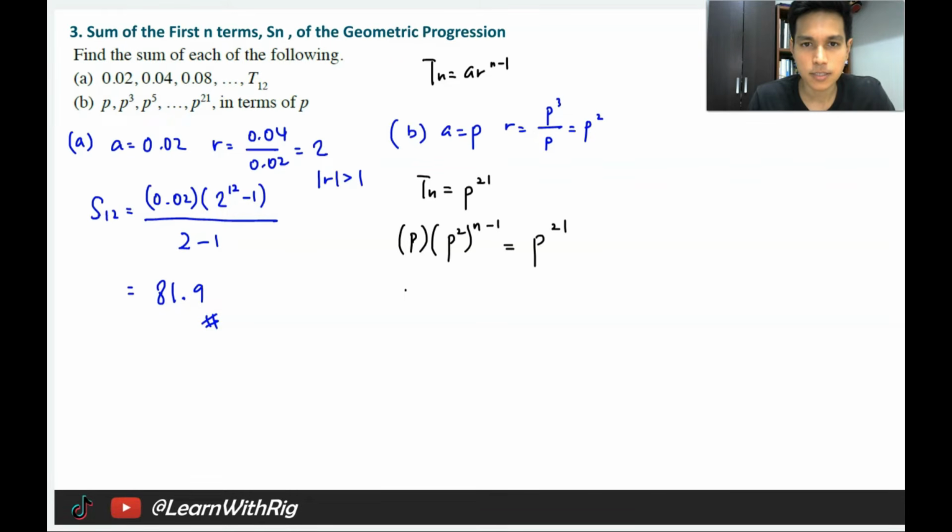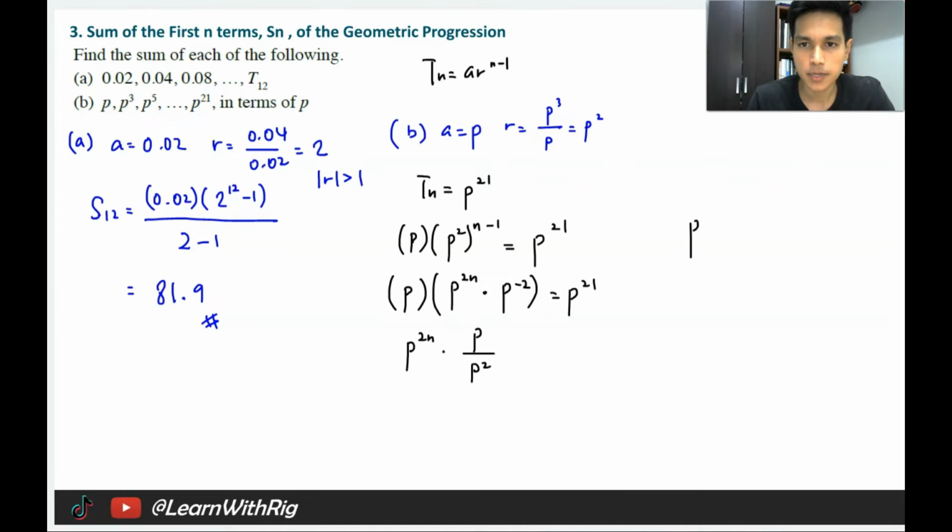So now I'm going to break this down. It becomes P times P to the power 2n, dot P to the power negative 2, equals P to the power 21. Dot means times. In this case, I'm going to combine these two. What you will get is P to the power 2n times P over P squared.